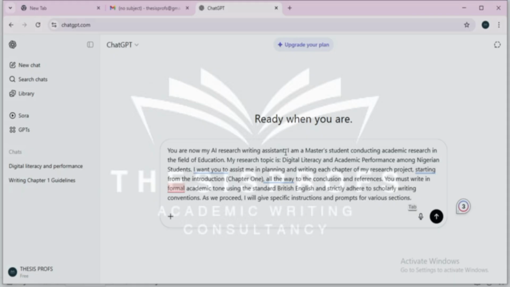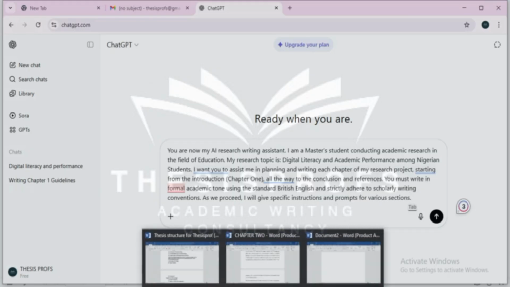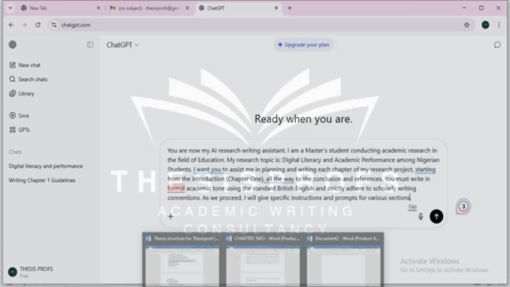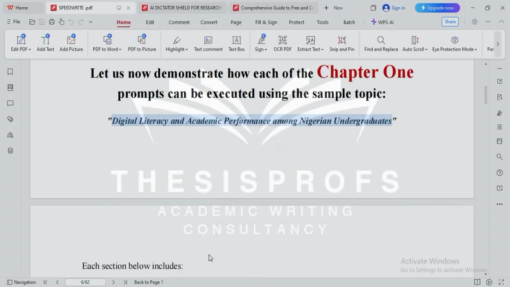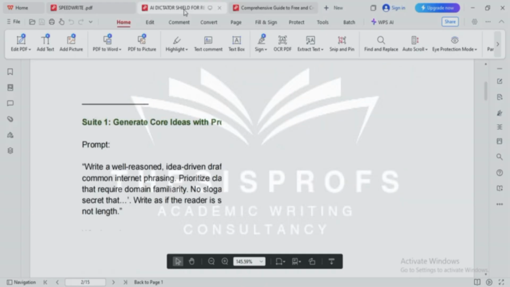Yes, so this is me preparing my AI tool to follow succinctly and to follow my instructions and what exactly I want. Now I can come here. Now don't forget, we provided this AI detector shield.